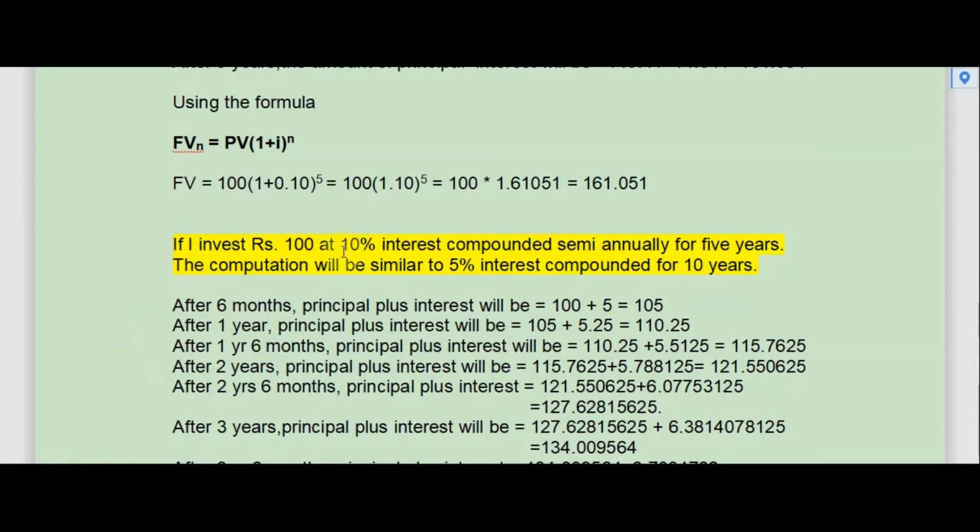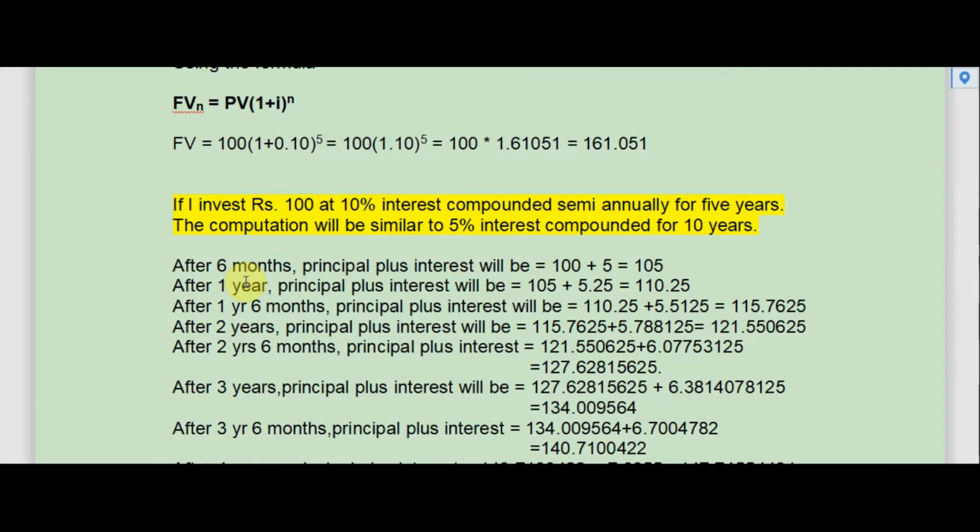Now if I invest rupees 100 at 10% interest compounded semi-annually for 5 years, we will compute the value using this way, and again using the formula. The computation will be similar to 5% interest compounded for 10 years.